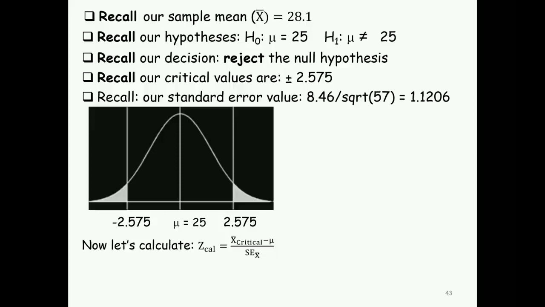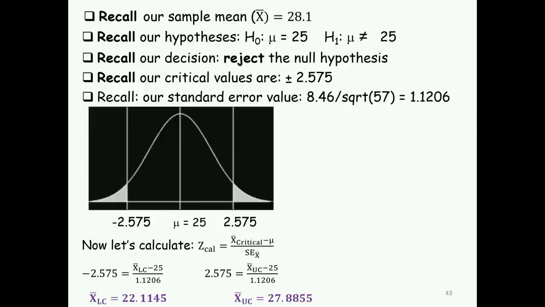So there is nothing new that I am doing. Instead of these numbers, so minus 2.575, this is the hypothesized value, minus the standard error. I calculated 22.1145. For this one, 2.575, X bar upper critical, X bar lower critical. So far it is fine.